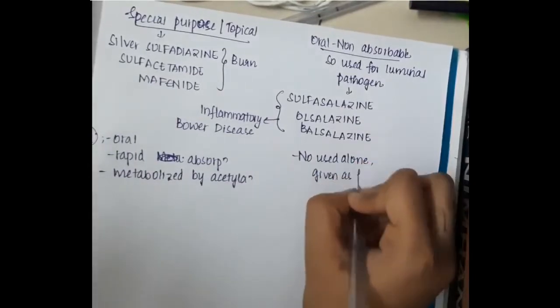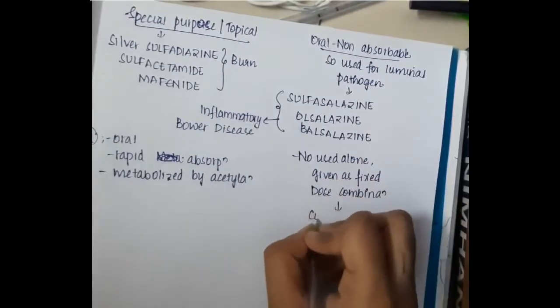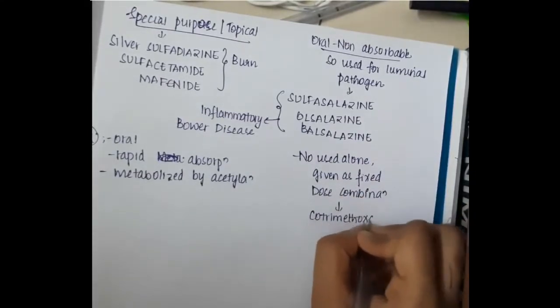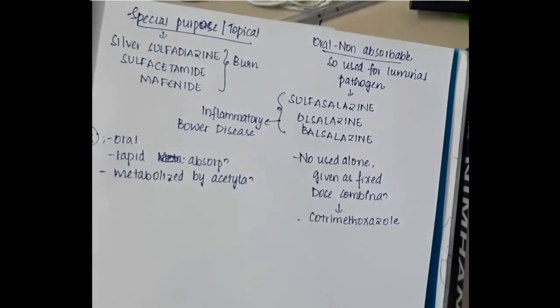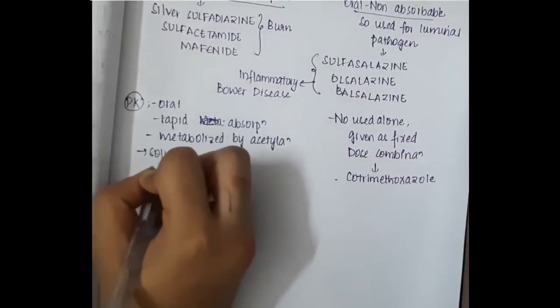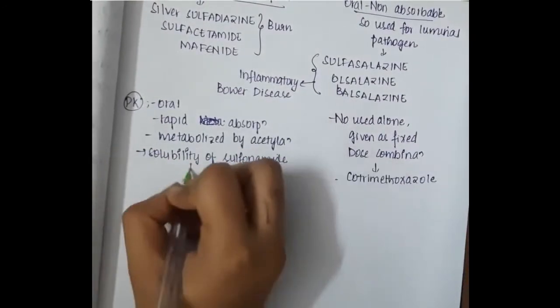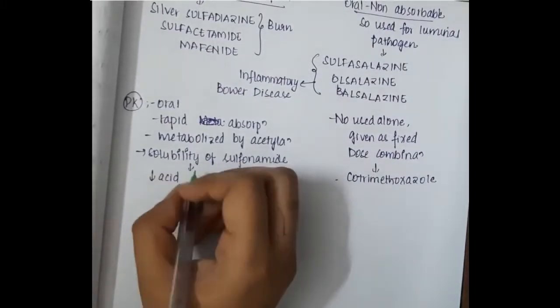Always they are given as a fixed dose combination along with cotrimoxazole. Sometimes they are combined with pyrimethamine and given together as the sulfadoxine pyrimethamine combination. Then the solubility of sulphonamides will also decrease in acidic urine.